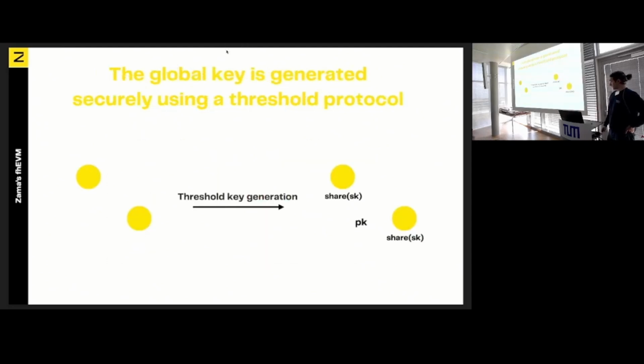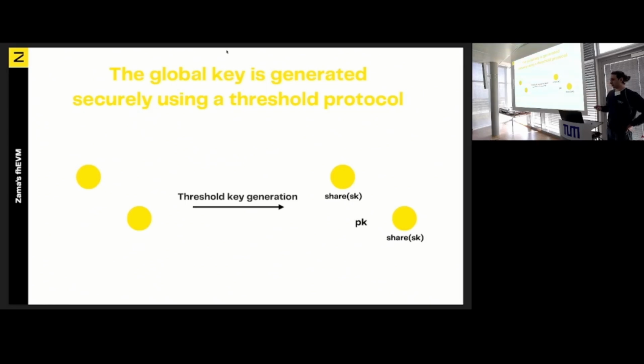And so how that works is that at the genesis of a blockchain system, the blockchain can ask this KMS, the key management system, to do a threshold key generation. And so the MPC nodes start out with nothing apart from knowledge of each other, and end up with a share of the secret key as well as a public key. And all the while, no KMS node has ever learned the complete secret key.